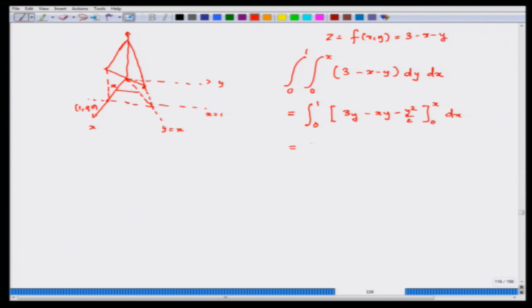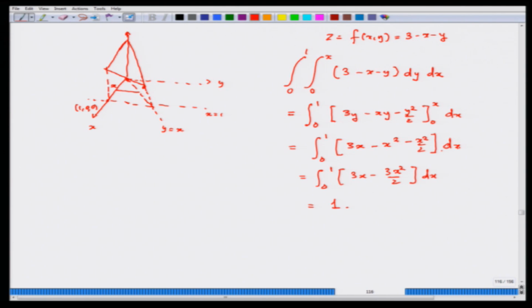So, this will become integral from 0 to 1 of 3x minus x squared minus x squared by 2 dx. So, 0 to 1 of 3x minus 3x squared by 2, and if you calculate it out, the answer turns out to be 1.